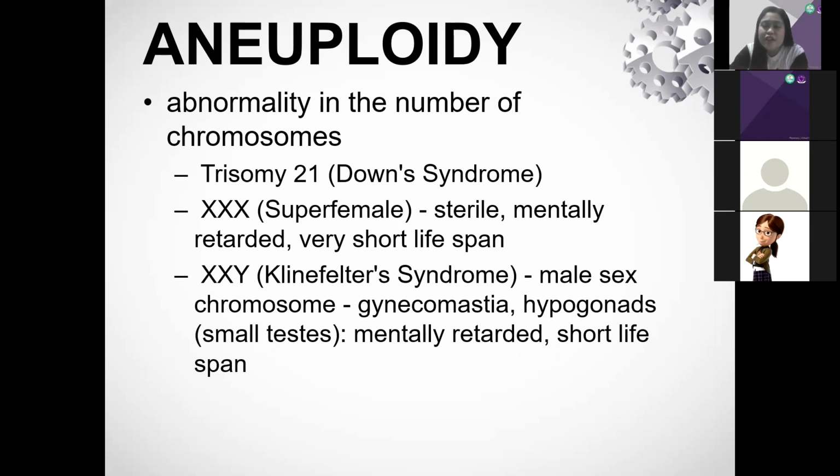Gonads, that's testes. So they have small testes class. And just like the super female, they are also mentally retarded and they have short lifespan. So ito yung mga tinatawag natin na merong mutation. So they have extra chromosomes. Trisomy 21, XXX or the super female, XXY or the Klinefelter's syndrome.